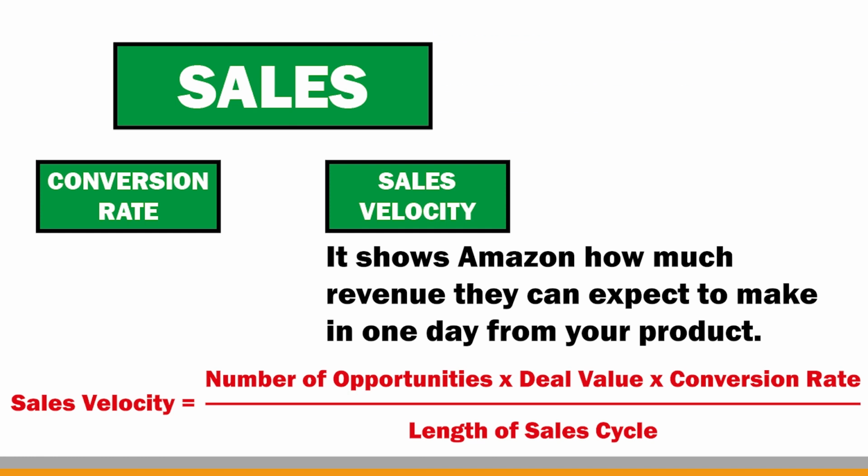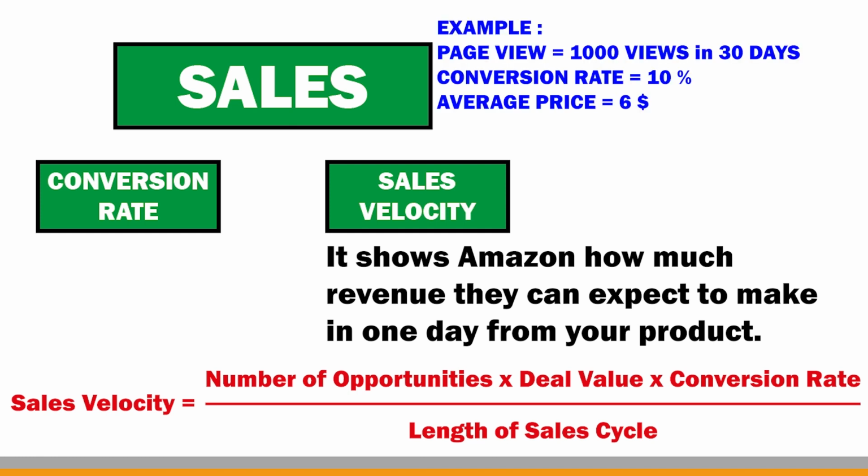Let's make an example to understand better. Your low content book gets 1000 views in 30 days, and it has a conversion rate of 10%. Your average book price is $6.